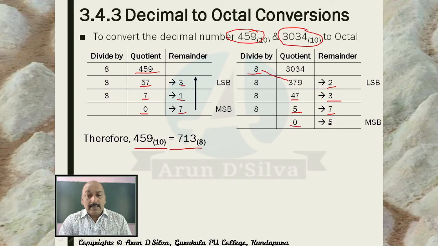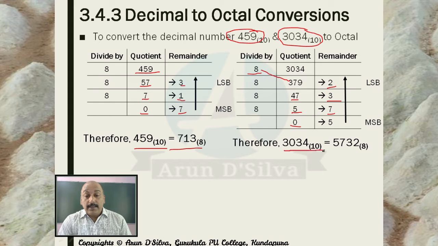So the last remainder is the MSB and the first remainder is the LSB. We have to read from down to upwards. That means the equivalent is 5732. So, dear students, 3034 in decimal is 5732 in octal. This is the way the integer part of a decimal number is converted to octal.